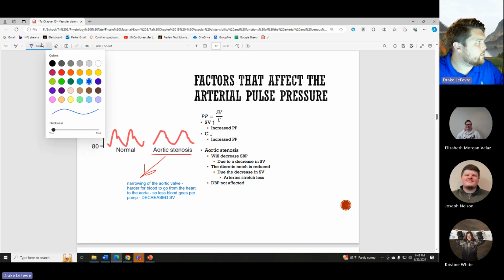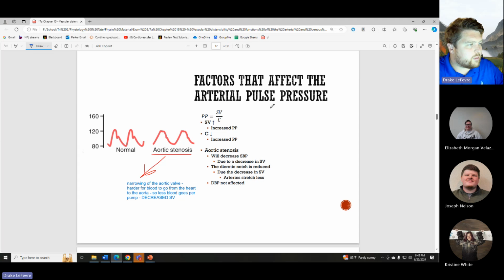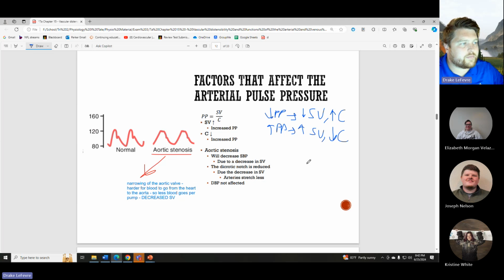Pulse pressure decreases whenever we get a decrease in stroke volume or an increase in compliance. We get an increase in pulse pressure whenever we increase stroke volume or decrease compliance.